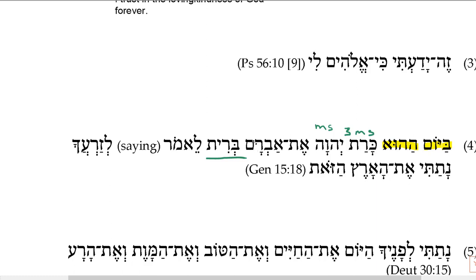So I'm going to translate this not as direct object marker, but as the preposition with. So to cut a covenant is a very common phrase or term in the Old Testament. So I'm expecting karat to match up with covenant. This is followed by lemor, which is an infinitive construct with a lamed preposition, but it means saying.